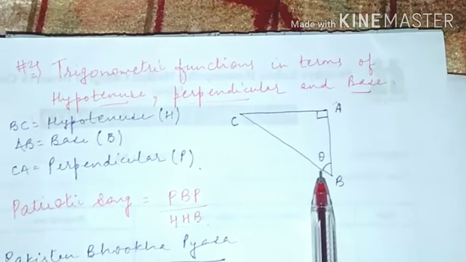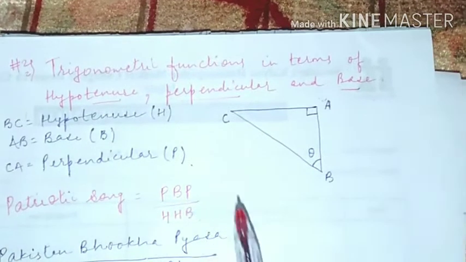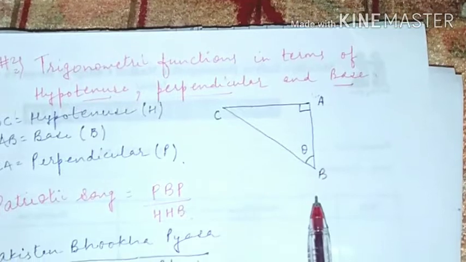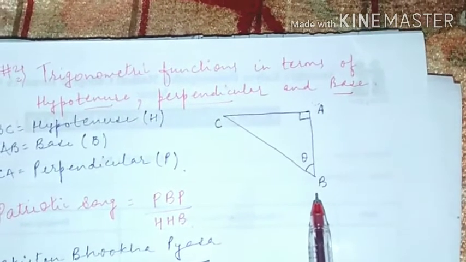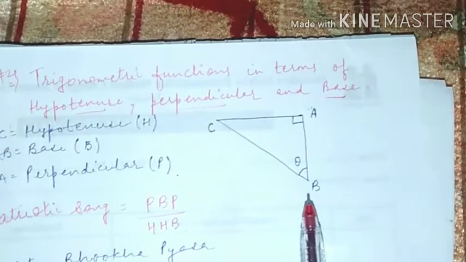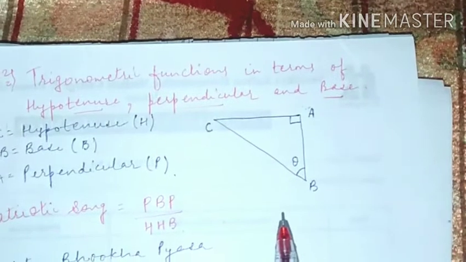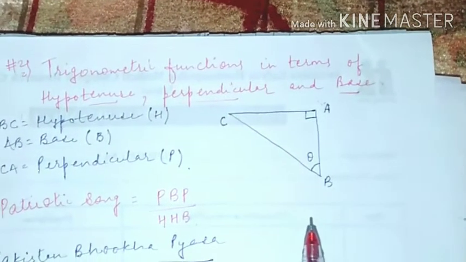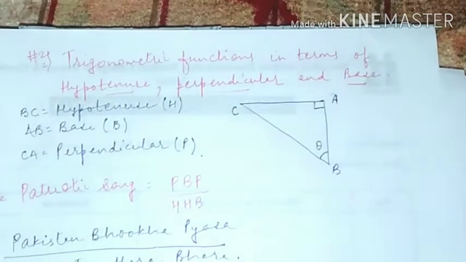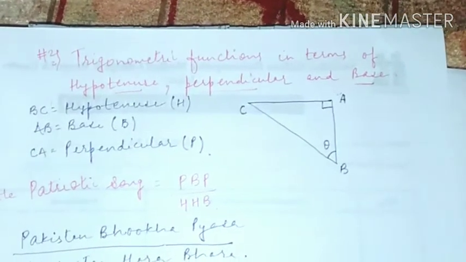First we have to understand what these three terms are. You can see that angle A is a 90-degree angle. So how will we distinguish among these three terms: hypotenuse, perpendicular and base? Our basic concern is to recognize which side is hypotenuse, which one is perpendicular and which one is base.